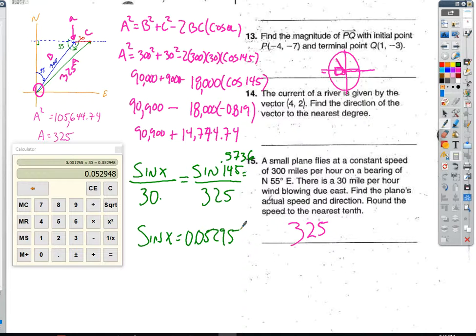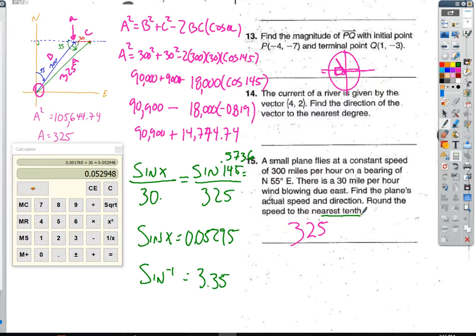And so now I'm going to have to use my invisible calculator again. So I'm going to go 0.05295, hit the second button, and now I'm using the inverse sine button. And I get 3.35. And it says to the nearest tenth.